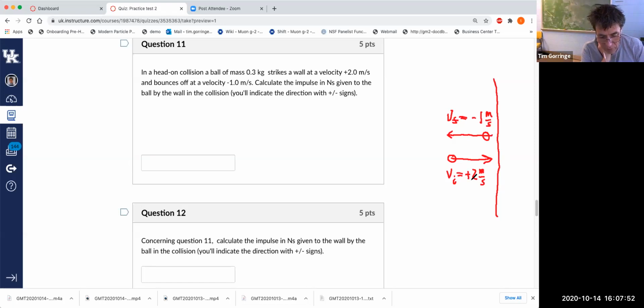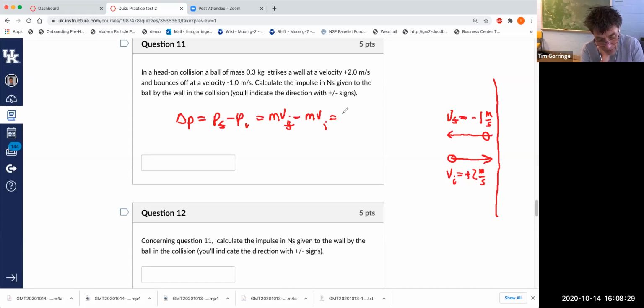Okay, so what's the impulse given to the ball by the wall? That means what is the change in momentum of the ball in the collision with the wall? So the change in momentum will be the final momentum minus the initial momentum. And that will be m v F minus m v I. And we know all these numbers.